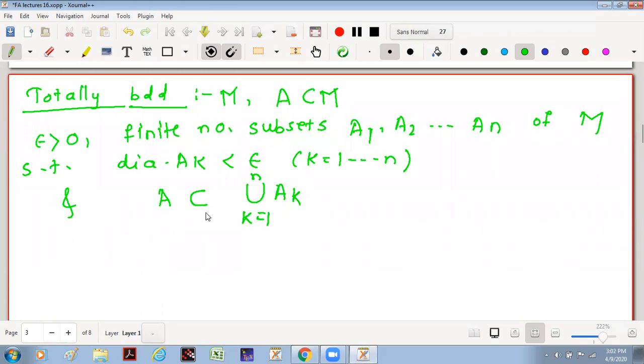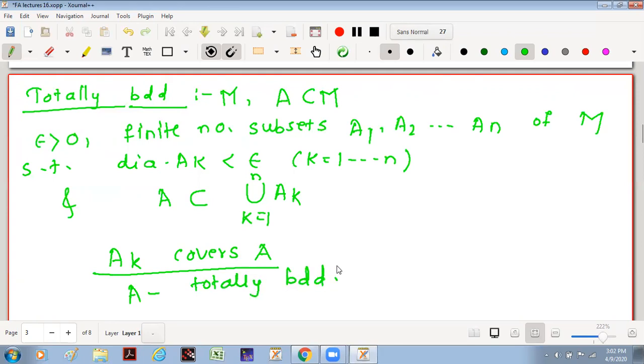That is, we say the subsets Ak cover A. Therefore, a subset A of M is totally bounded if for every epsilon greater than 0, A is covered by a finite number of subsets of M whose diameters are less than epsilon.